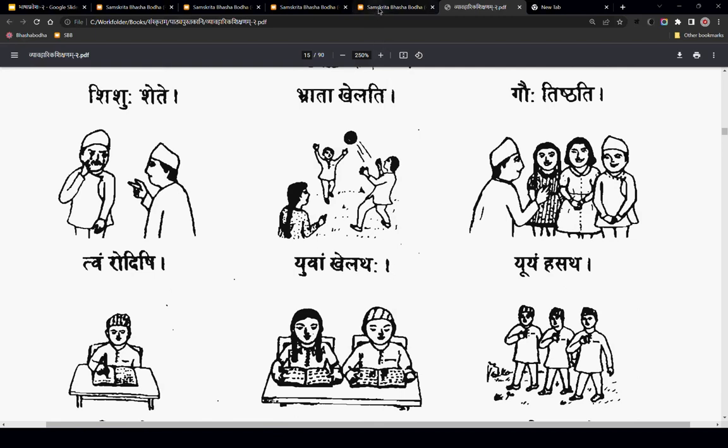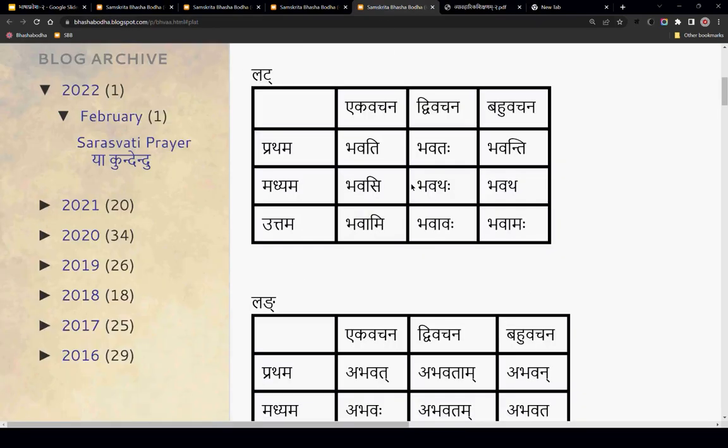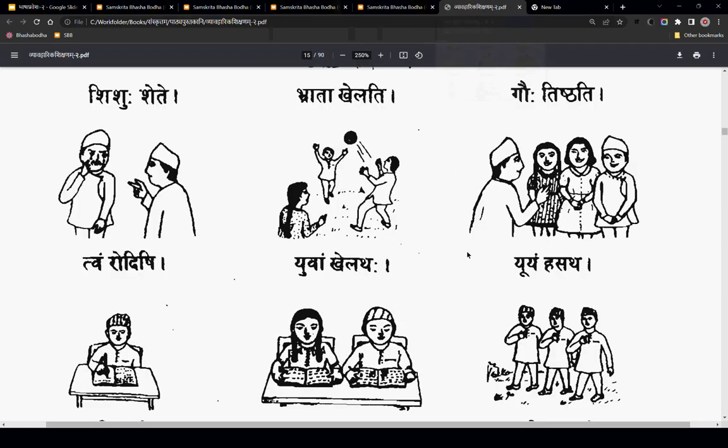This is the madhyama purusha dvivachana form. Tvam bhavasi, yuvam bhavathah, yuyam bhavatha. So you get tvam khelasi, yuvam khelathah, yuyam khelatha. Like that the forms have to be understood here. Yuyam hasatha.